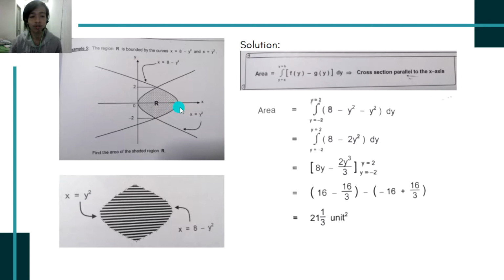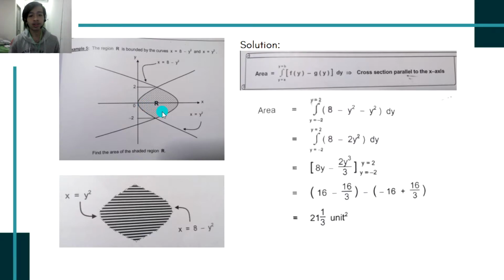So it is not uniform there, and it will be a complex way to calculate and solve this question. Therefore, we must put in the cross section parallel to the x-axis, or also we can say it as horizontally. Therefore, it will be right side minus left side, right side minus left side.